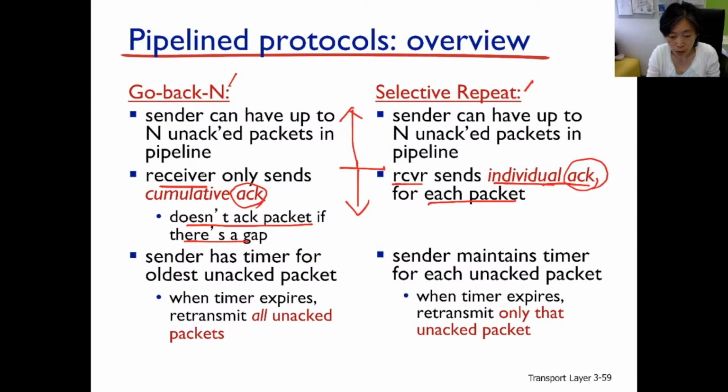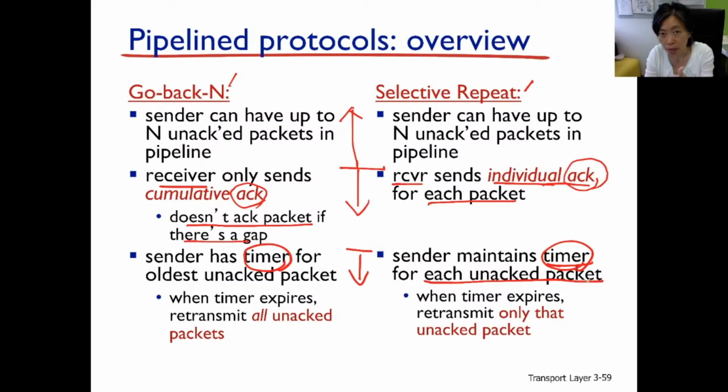And the two categories also work very differently here with timers. If you recall, in RDT 3.0 we need a timer in order to tell whether a packet is dropped or not. Both Go-Back-N and selective repeat implement timers. But in selective repeat, there's one timer for each packet that is still in flight, not yet acknowledged.